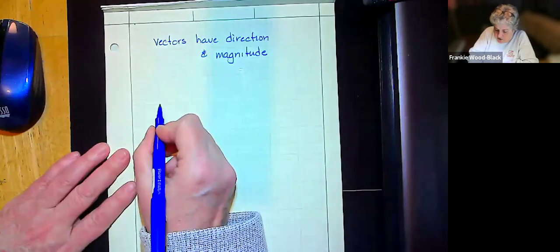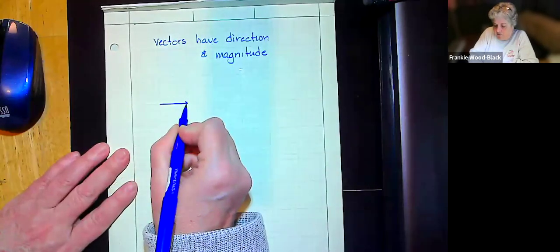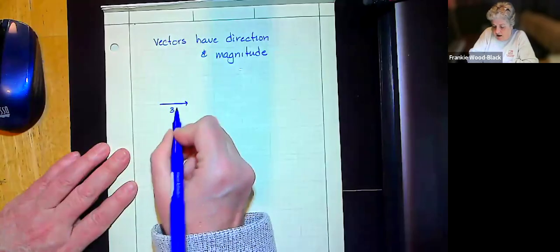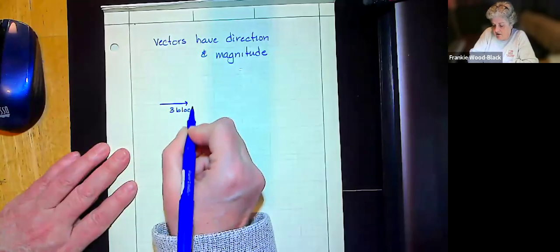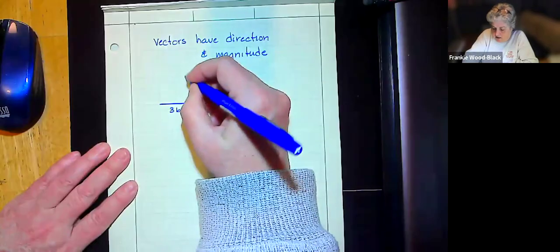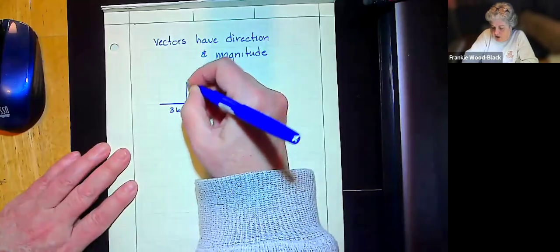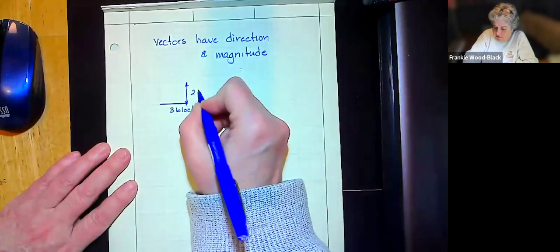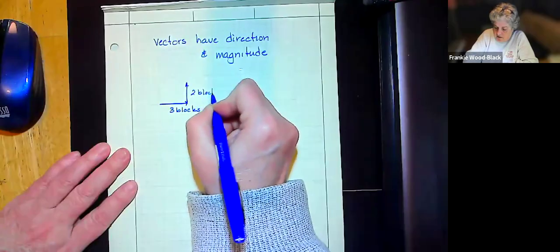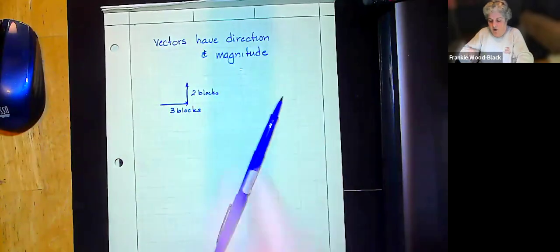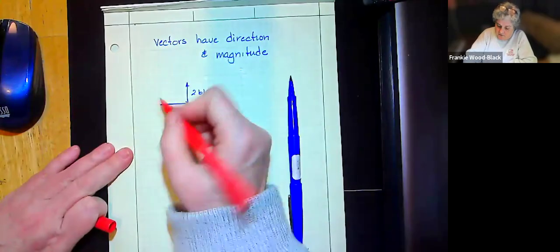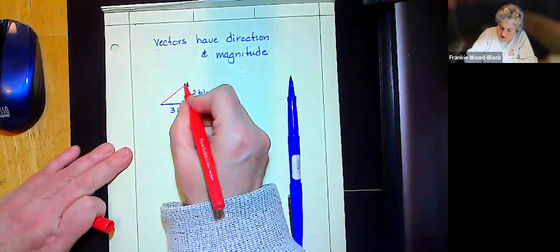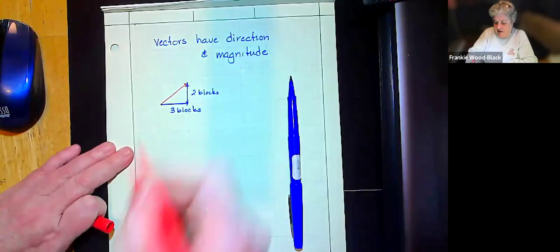And we've used vectors all along. If I walk 3 blocks this way, and then I walk 2 blocks this way, we get a, quote, resultant vector, or our distance vector that we get there.